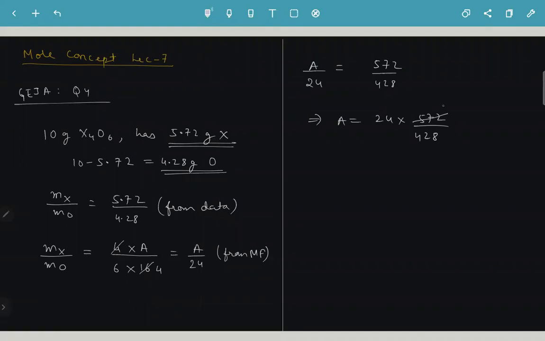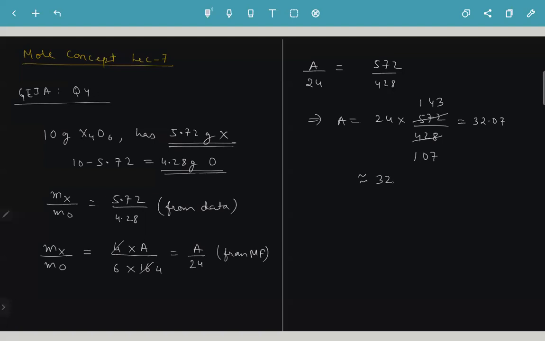4 will cancel. 143, 107. This comes out to be 32.07, which is approximately 32.